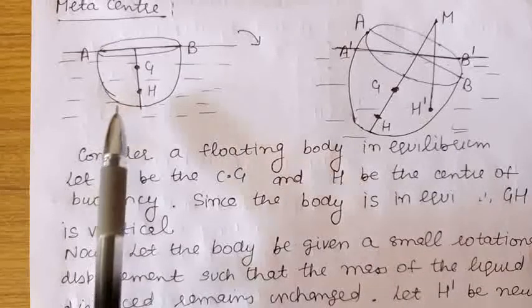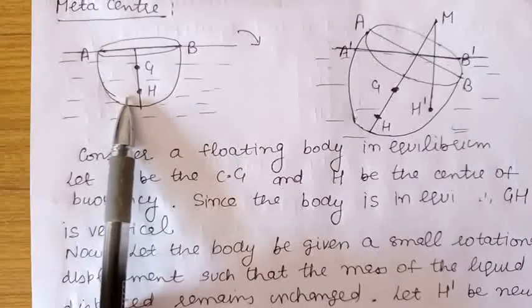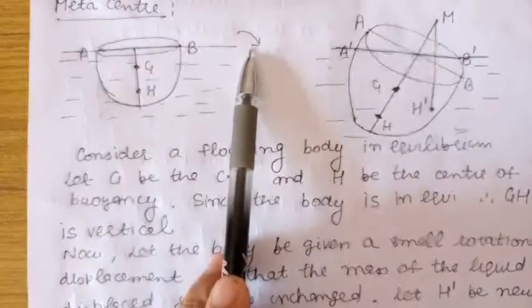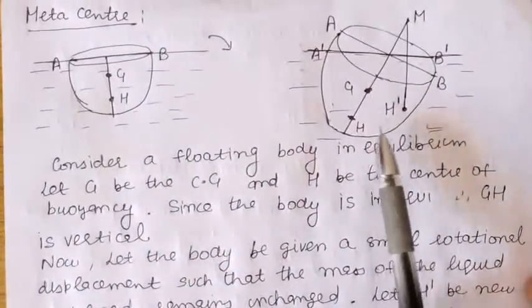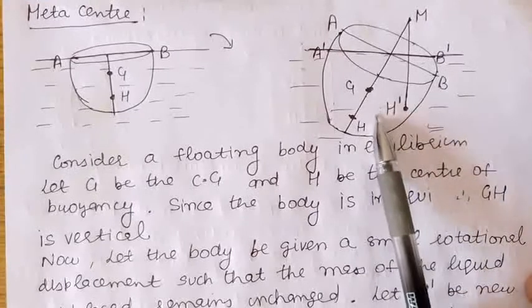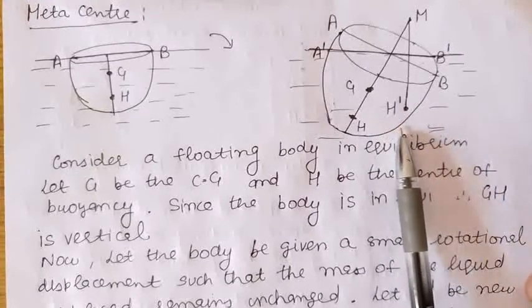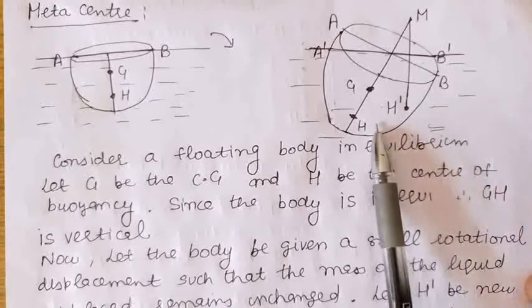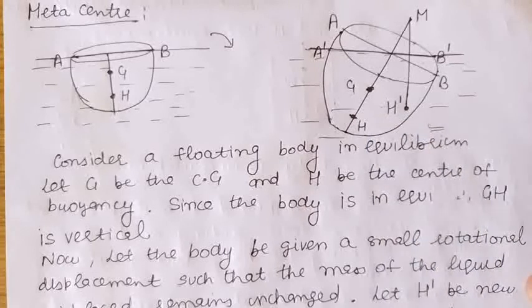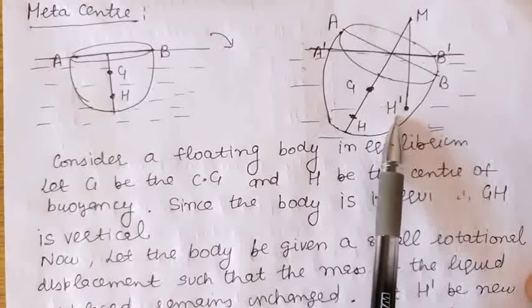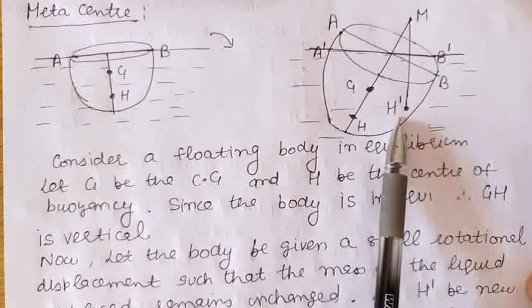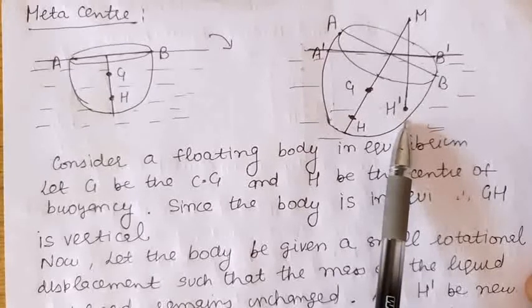Now, suppose this body is given a slight rotational displacement. When it is given the rotational displacement, suppose this is the new position of the body. This rotational displacement is given in such a way that the mass of the liquid displaced remains unchanged. Let us take H dash as the new position of the center of buoyancy in the displaced position.